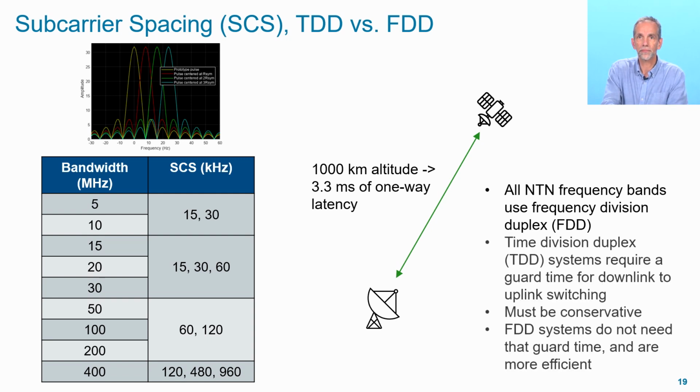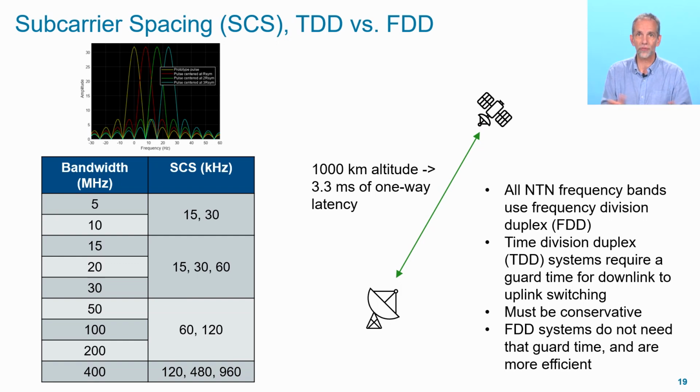Why is that? Because TDD, time division duplex systems, need a guard time for switching from downlink to uplink. And with these kind of propagation distances and delays, that guard time needs to be rather long. And so what that does is it introduces inefficiency into this scheme.